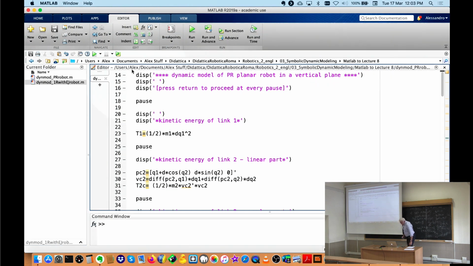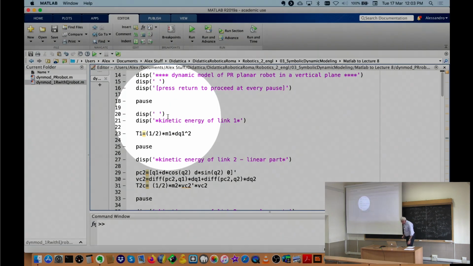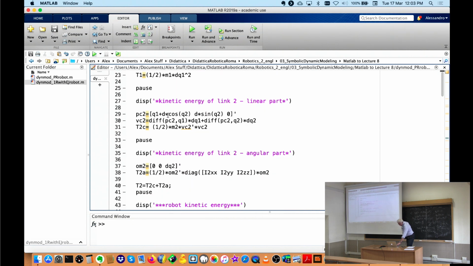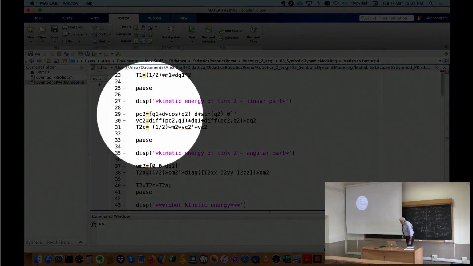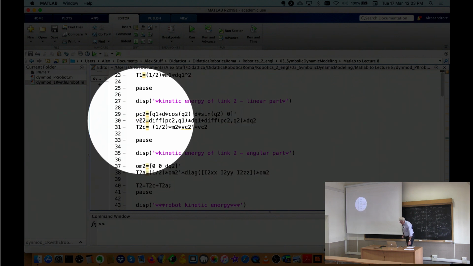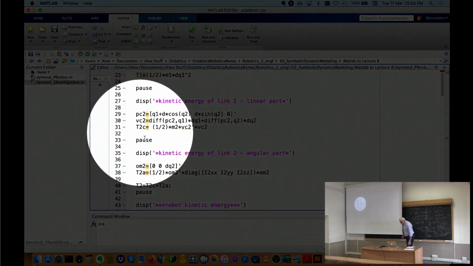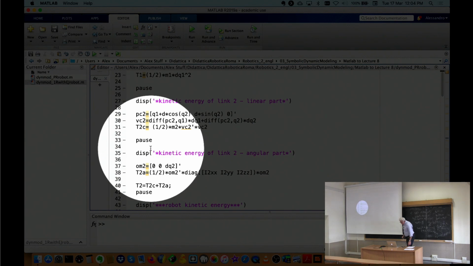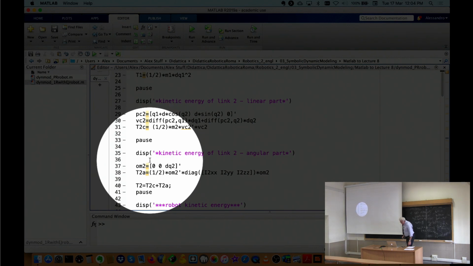The kinetic energy of the first link, which is very simple. Then we do the computation of the position of the center of mass of the second link, the velocity, and then the contribution of the linear part, so the velocity of the center mass to the kinetic energy, and then the contribution of the angular part, and then the total kinetic energy will be the sum of the two.